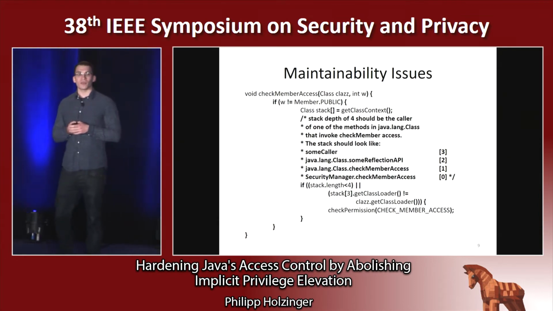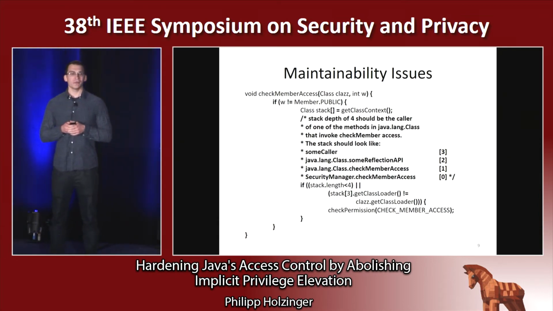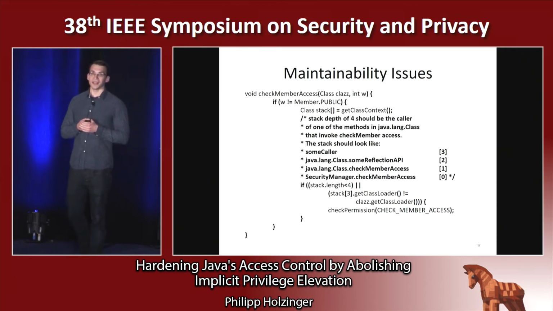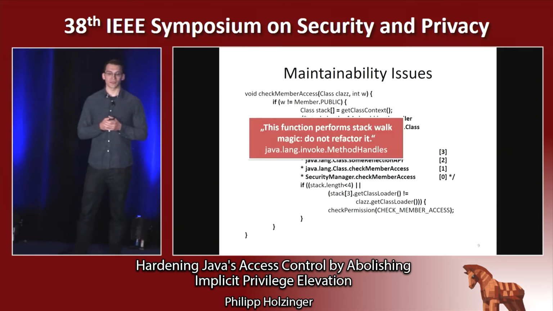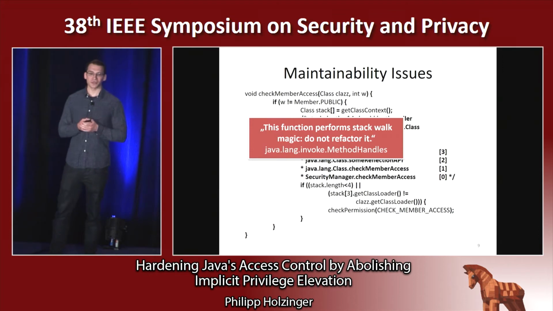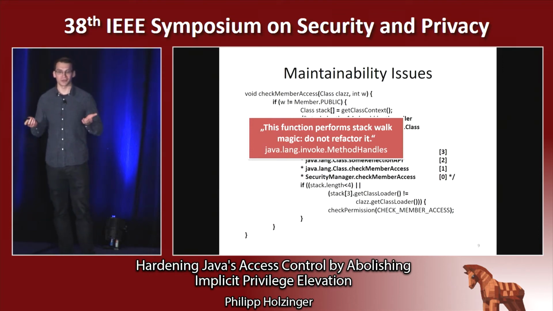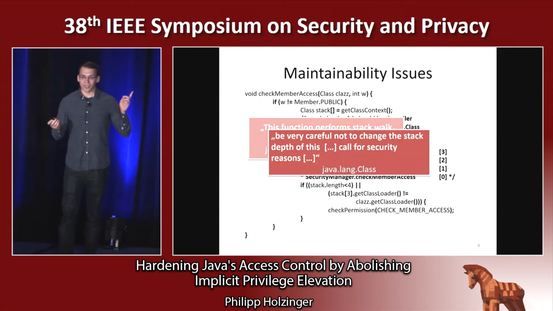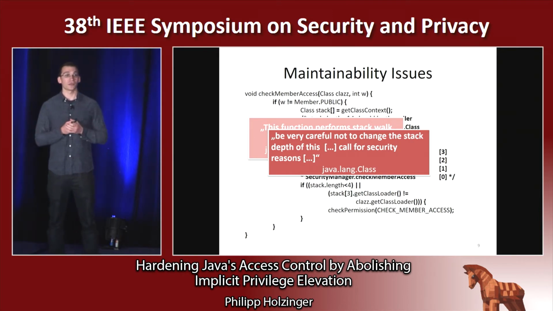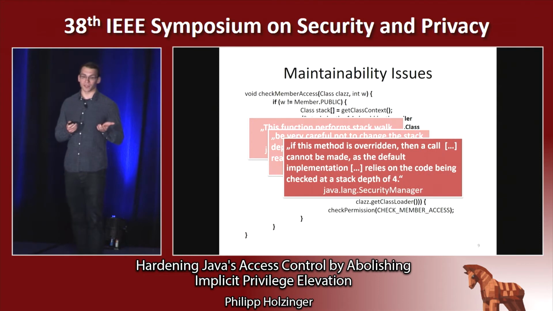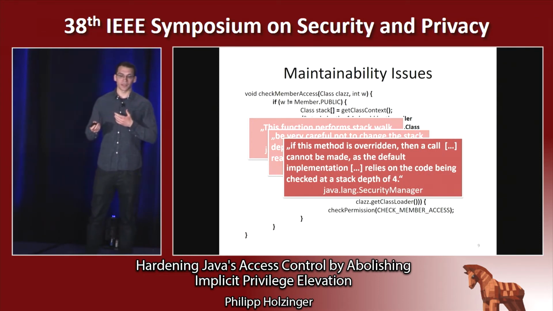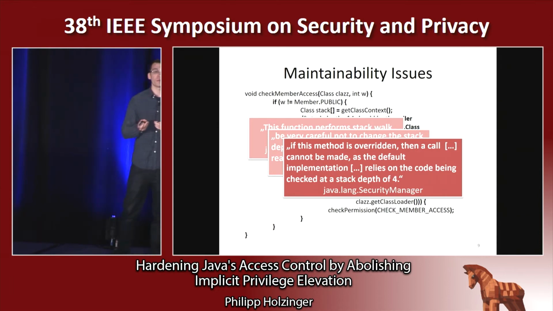And we can find this actually documented in classes that make use of this method. So what we find in source code comments is, for instance, in method handles, this function performs stack walk magic, do not refactor it. Or be very careful not to change the stack depth of this call for security reasons is a source code comment in class. Or in the security manager, if this method is overridden, then a call cannot be made as the default implementation relies on the code being checked at stack depth of 4.